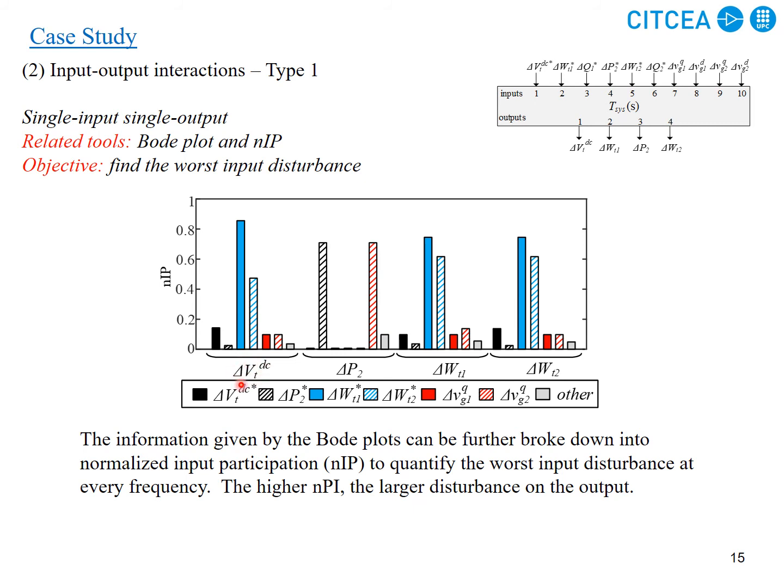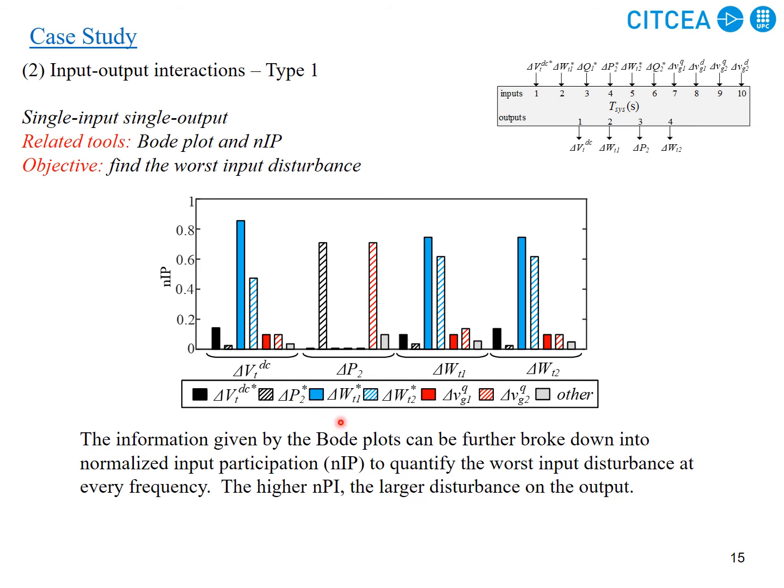On the DC voltage, it is observable, as we already observed in the Bode plot, that these two, total energy of 1 and 2, for example, total 1 has more than 80% amplification on the output. And this is the reference for DC voltage, and it is not much.